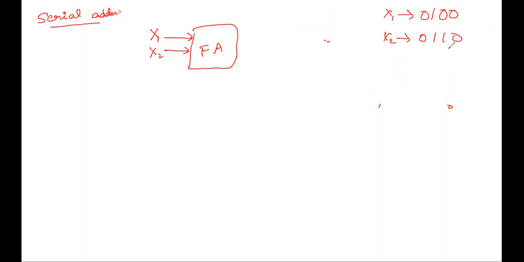For a full adder we get sum as well as carry. Now I am doing addition: 0 plus 0 is 0. Suppose I have 1 and 1 here. 1 plus 1 is what? Sum is 0, carry is 1.